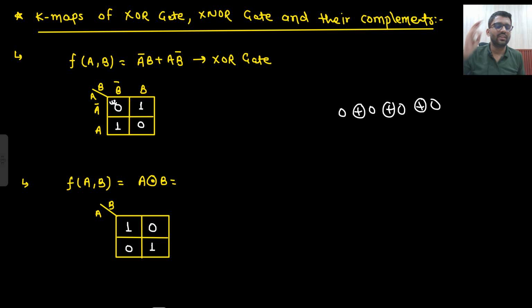In 3 variable, it will be 0, 0, 0. In 4 variable, 0, 0, 0, 0. In 5 variable, 0, 0, 0, 0, 0. So always it is starting from 0 only. And if you do 0 XOR 0 any time, it will always give you 0. So XOR gate will start from 0, and alternatively you need to write 1, 0, 1, 0.